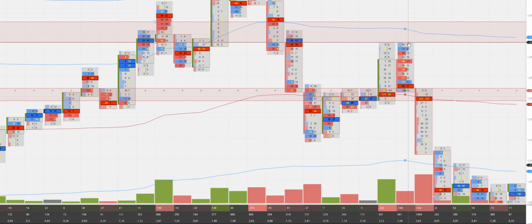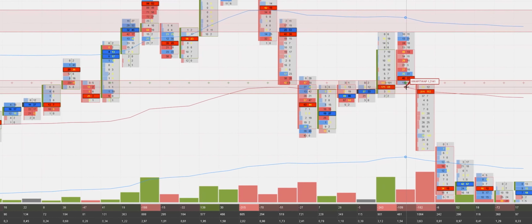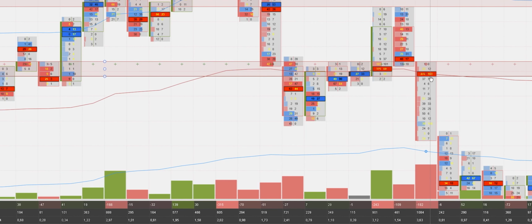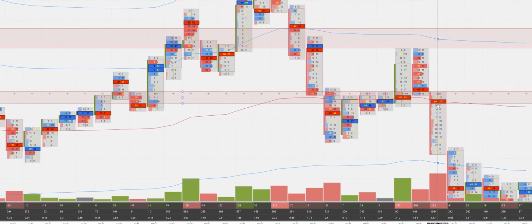The sellers are dominant. We don't see any absorption here as price just moves down, and then we get back to the VWAP. So now I'm just waiting for more sellers to come in, and I've seen right there close below the VWAP that a lot of sellers were coming in with nice imbalances here, double stack imbalance, and I decided to short.